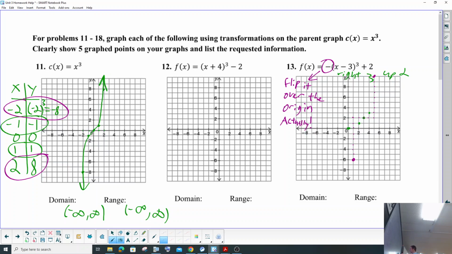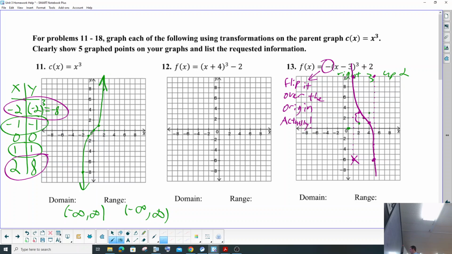So that means this dot is going to come down here. And then that stays the same as our origin. This dot is going to go up to there. This dot is going to go down 8. So we go over 2, down 1, 2, 3, 4, 5, 6, 7. So it's actually here. And then this dot is going to go way up over here. And there's our graph.